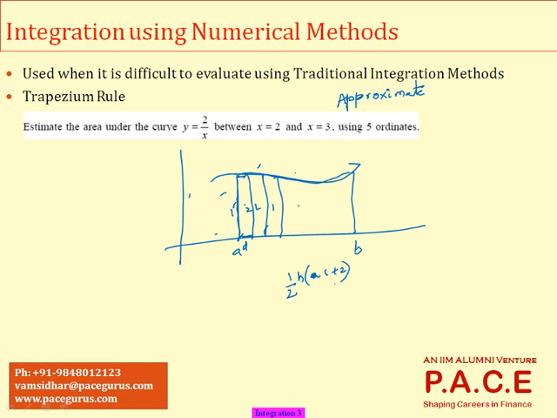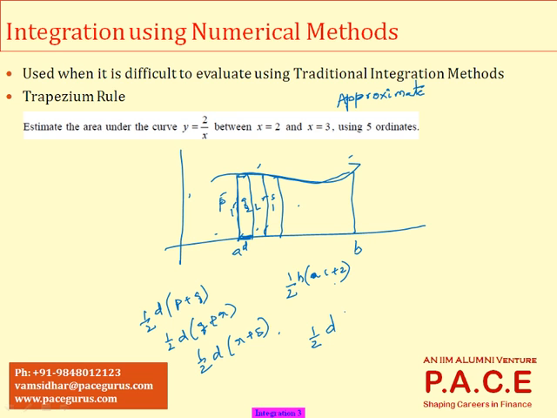The simple way is, if I take each of them as P, Q, R, S, my first trapezium becomes half D into P plus Q. And the next trapezium becomes half D into Q plus R. The next one becomes half D into R plus S. Now if I add up all these, what is coming out?